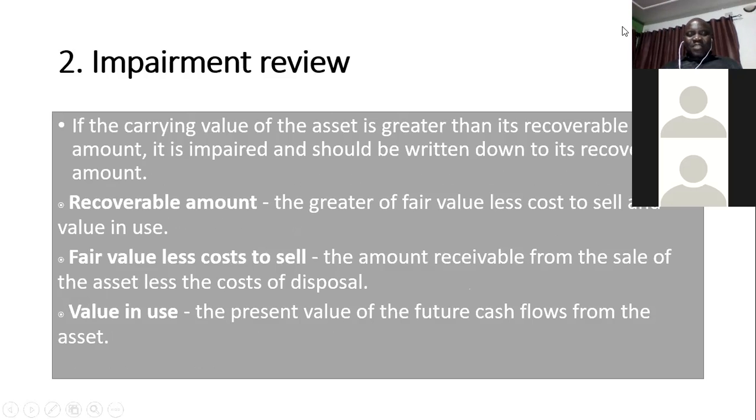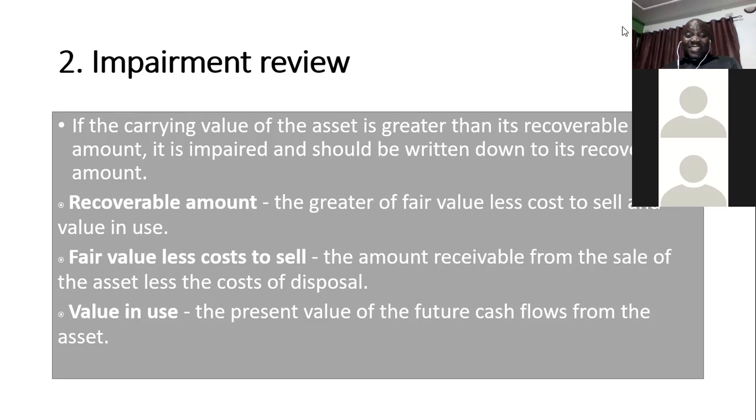We have already explained this. I think even in the last lecture we had, we were comparing the carrying amount and the recoverable amount. And if the carrying amount is higher than the recoverable amount, then we'll have to impair.